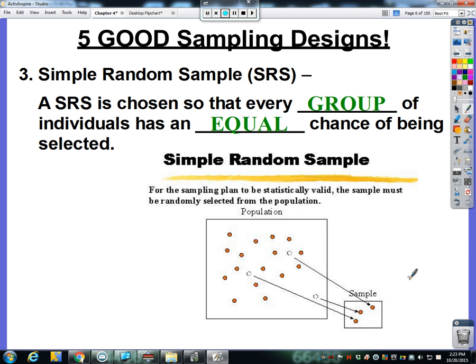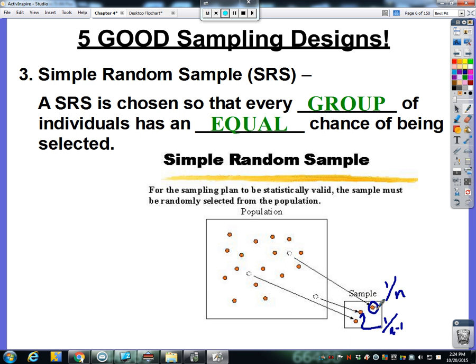What people start to confuse themselves with is, if you think about it, if this person was chosen first, then they had a 1 out of however many people are in the population, a 1 out of n chance. So if this person has been selected and we don't replace them, then the second person has a 1 out of, well, now there's 1 fewer in the population, so a 1 in n minus 1 chance of being selected.